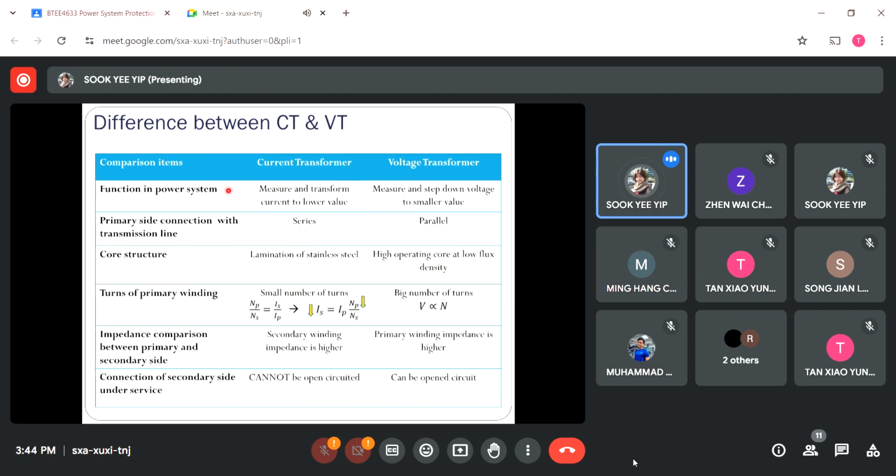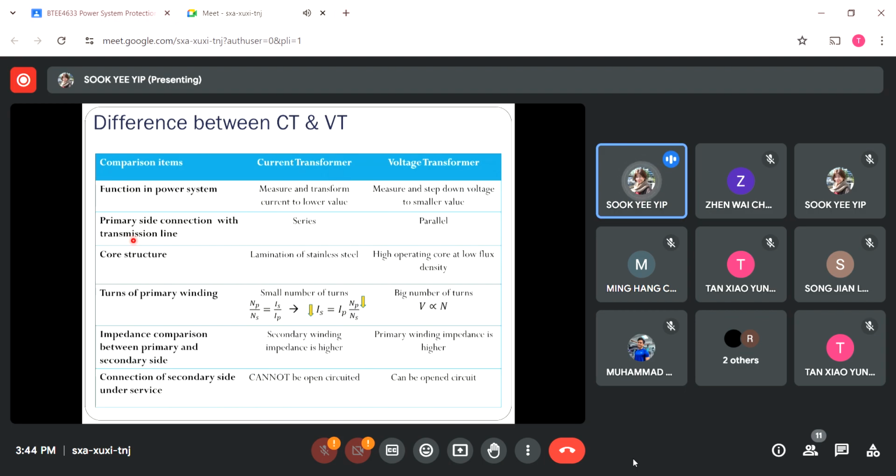Okay, so how about in terms of connections of the primary winding with the transmission line? If I want to measure the current value from the transmission line, for the current transformer as mentioned, you have to treat it like an ammeter. So it has to be connected in series with the power line. In this case, here is the transmission line.